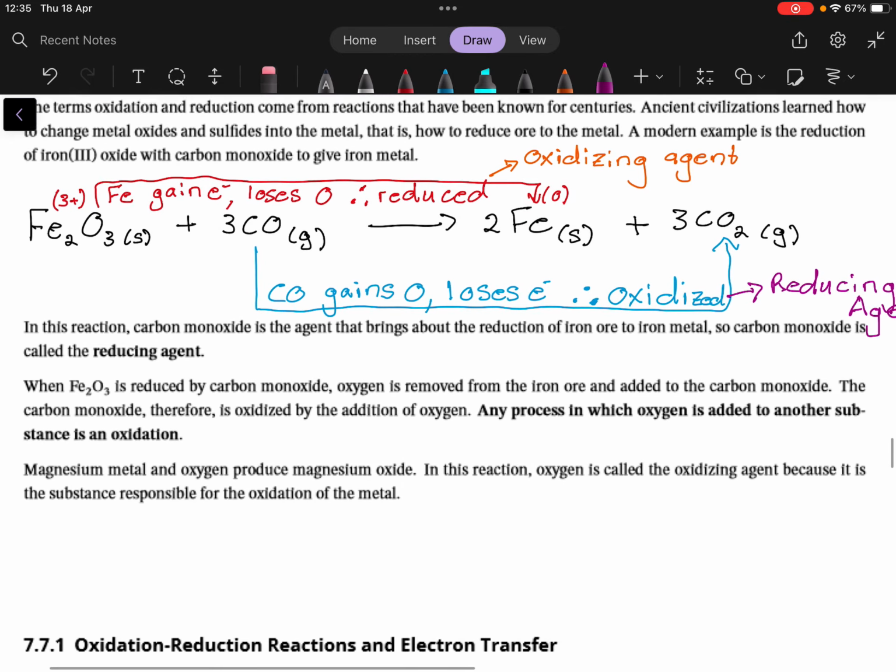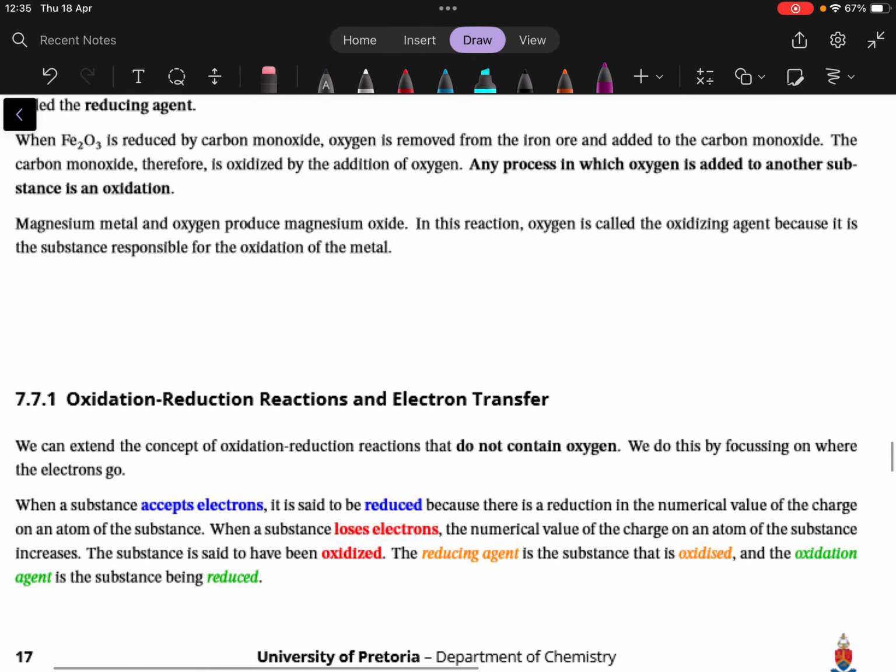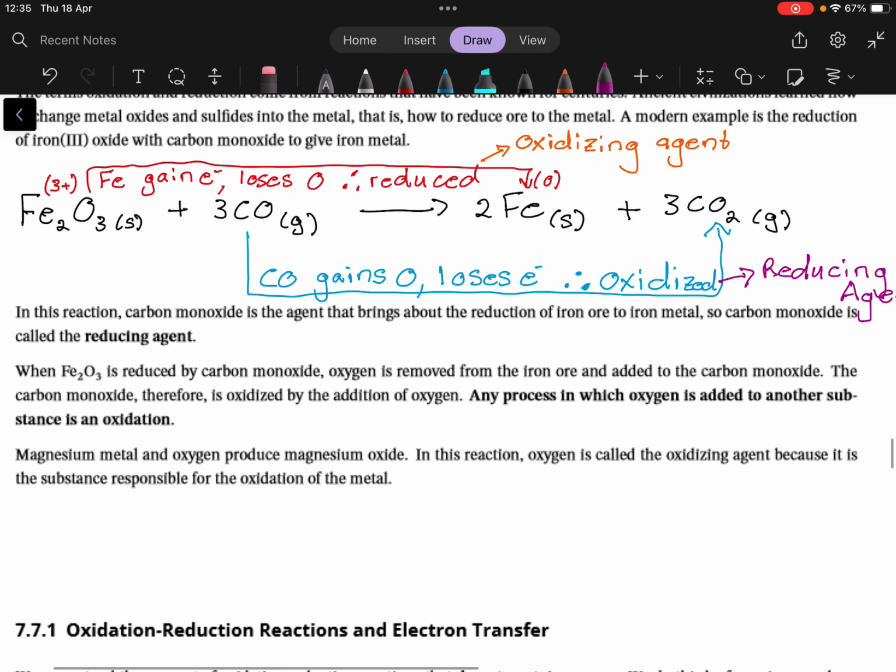Okay, and we will look at the definitions down here, so you can check them there as well. So that's the basic idea of a redox reaction: something that's oxidized, something that's reduced, something that gains electrons, something that loses electrons. The concept of gaining and losing oxygen is not necessarily connected to redox reactions. You can have reactions where there's no oxygen and it still has a reduction and oxidation taking place.